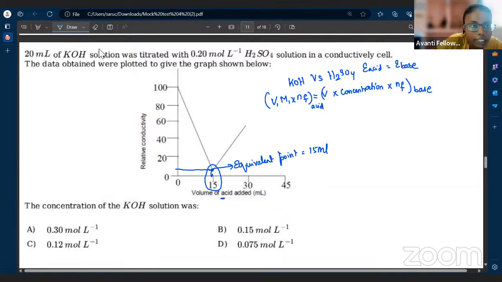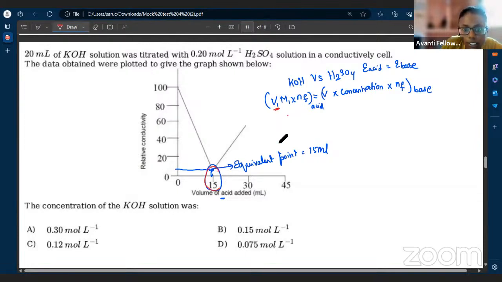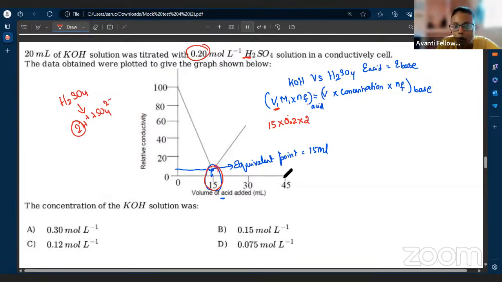Okay, so we'll solve it. What is the volume of acid? We have got it as 15 ml. The molarity of the acid is given as 0.2, into n-factor. For H2SO4, what is the n-factor? It gives 2H+ and SO4 2−, so 2 is the n-factor. The n-factor is the number of H+ ions it gives. This is equal to the volume of base, 20 ml of KOH given in the question, into the concentration.